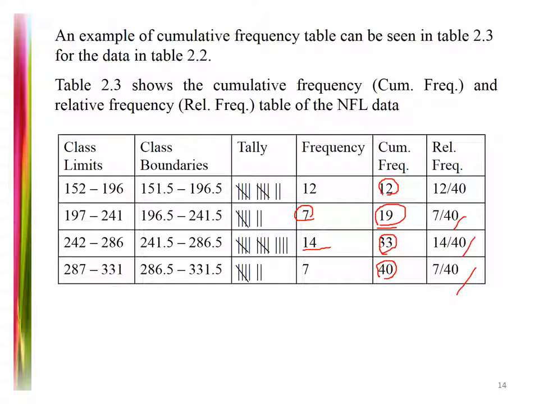In some situations this is useful. For example, suppose they ask how many players weigh less than 286.5. In that situation you can say 33 players weigh less than 286.5. So that is where the cumulative frequency is useful.